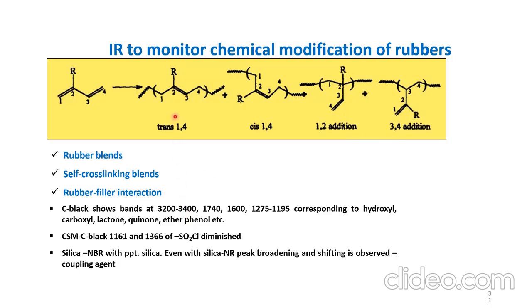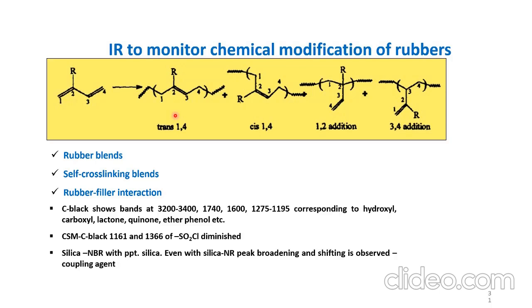So we can know that a shift is there depending upon the cross-linking, for example, or other chemical modification or other additives you have added. In those cases you will be able to observe the changes in the peaks. So peaks will shift.